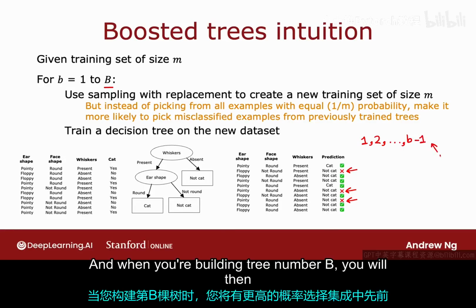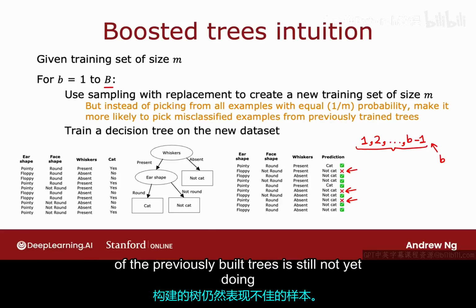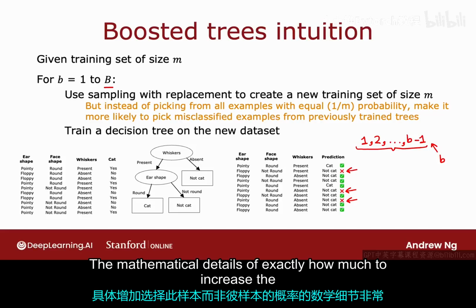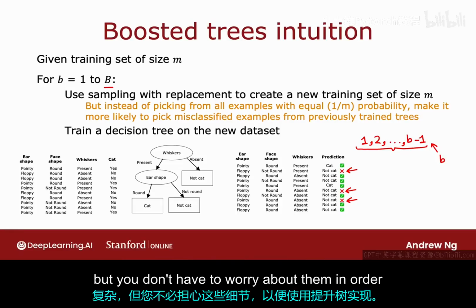And when you're building tree number B, you will then have a higher probability of picking examples that the ensemble of the previously built trees is still not yet doing well on. The mathematical details of exactly how much to increase the probability of picking this versus that example are quite complex, but you don't have to worry about them in order to use boosted tree implementations.